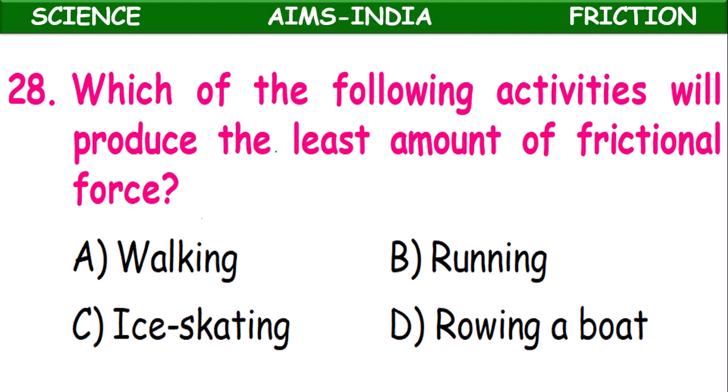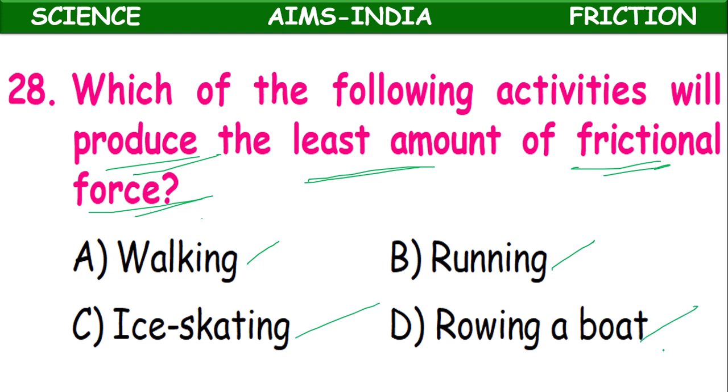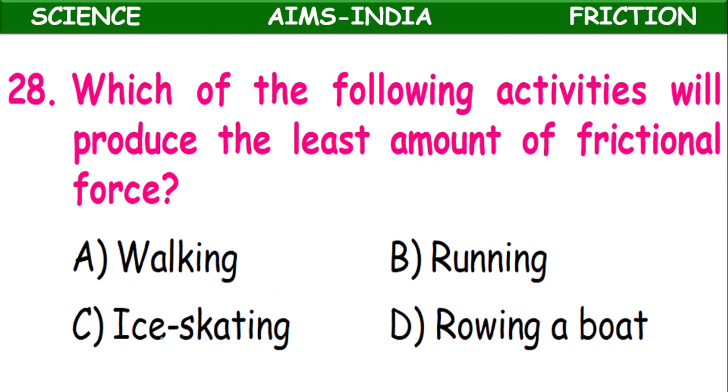Next, which of the following activities will produce the least amount of frictional force? Walking, running, ice skating, rowing a boat. In ice skating, less frictional force will be there because of its smoothness. So answer, ice skating. So there is a chance of easy skidding.